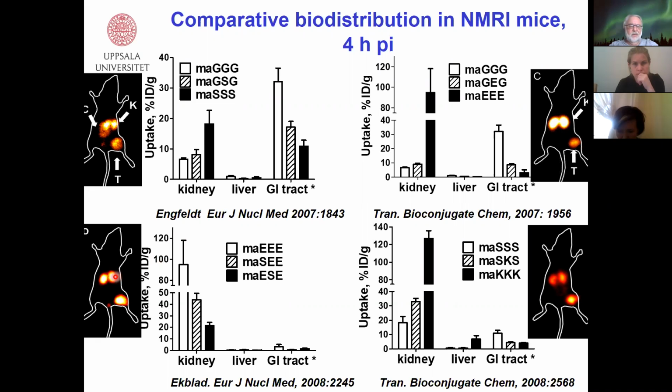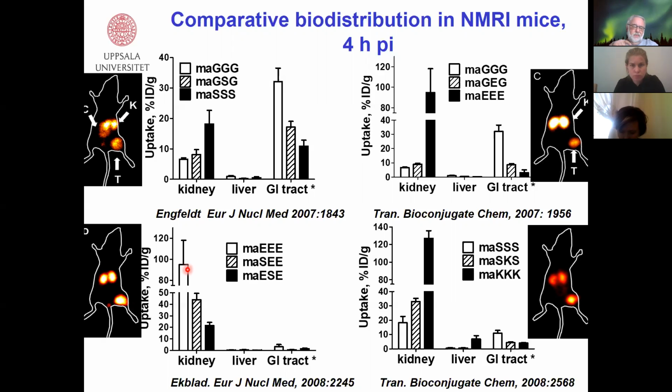while keeping the gastrointestinal activity low. So we looked for this by combining serine and glutamate. What we found very interesting is, again, MAEEE uptake in kidneys was around 100% of injected dose per gram.